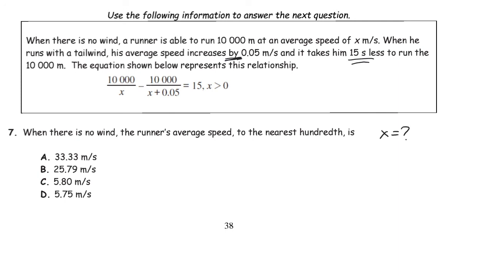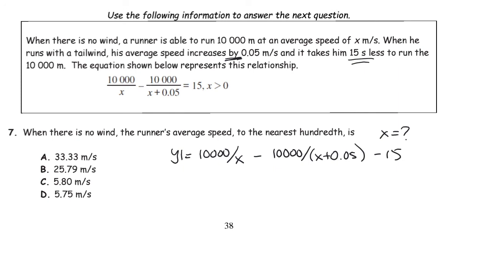We mentioned this before, but in Y1, I would probably enter 10,000 divided by x minus 10,000 divided by, and in order to get this to work out properly, you want to put parentheses around that denominator. Then I would bring over that 15, minus 15. Now what I'm looking for are the zeros of the function.